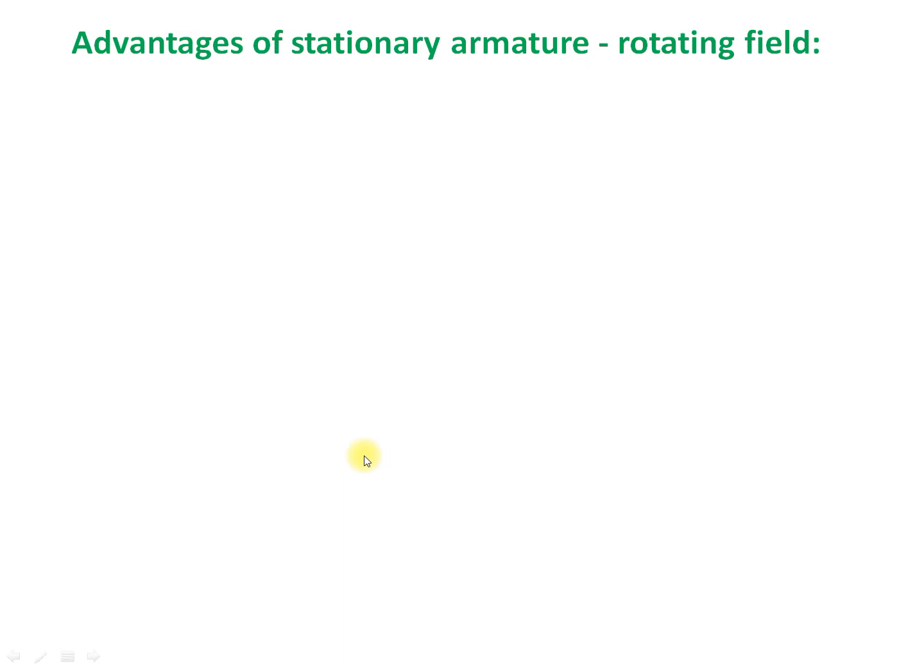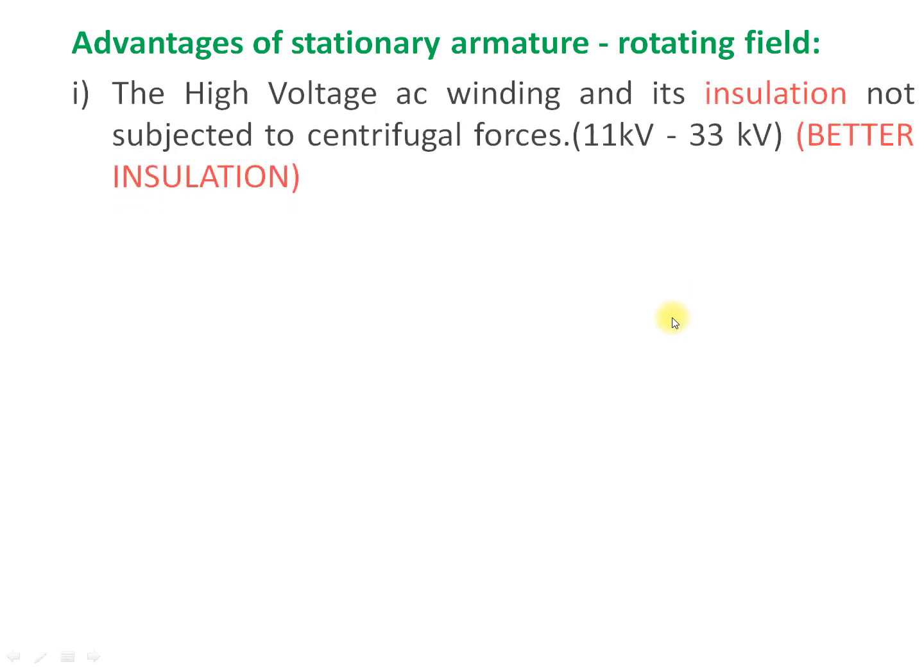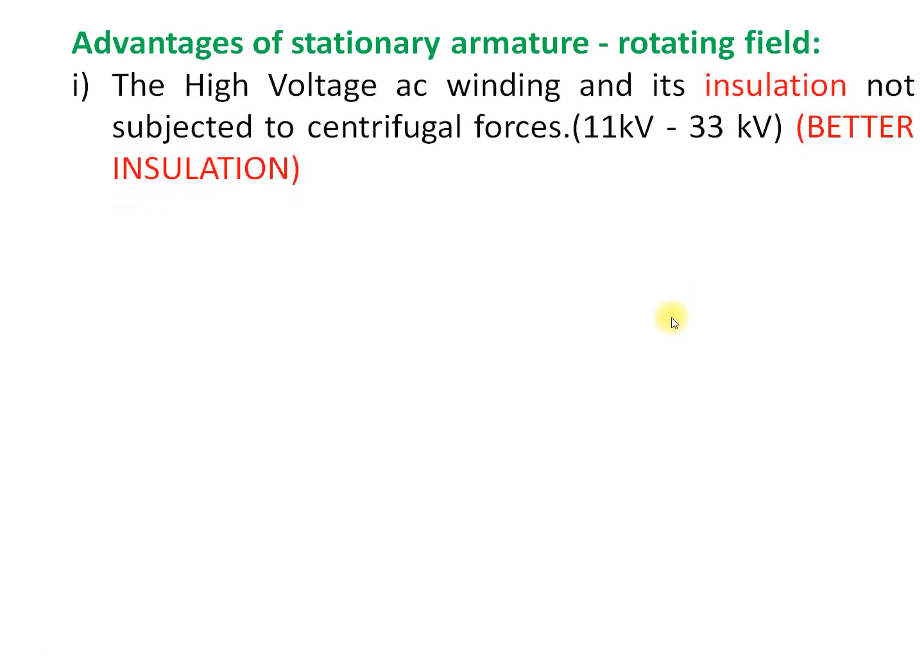The advantage of having the stationary armature, that is the stationary three-phase winding, and the rotating DC field winding, is that the high voltage AC winding and its insulation are not subjected to the centrifugal forces.